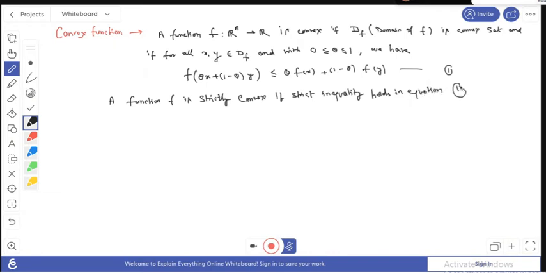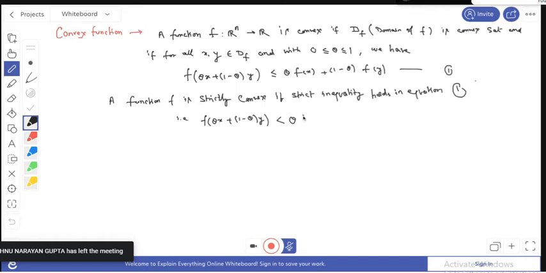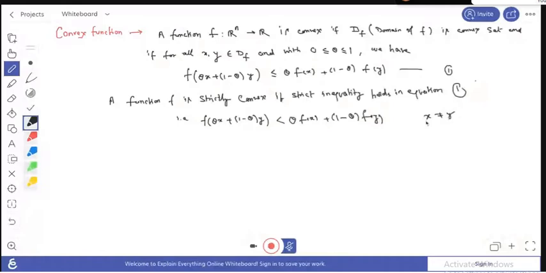So this means f of theta x plus 1 minus theta y is strictly less than theta f(x) plus 1 minus theta f(y), and here x and y are not the same. You have to remember that x and y are not the same, and of course if theta equals 0, this becomes f(y) and f(y).